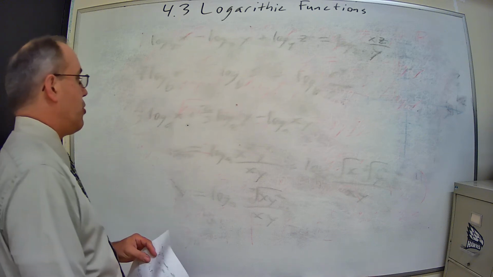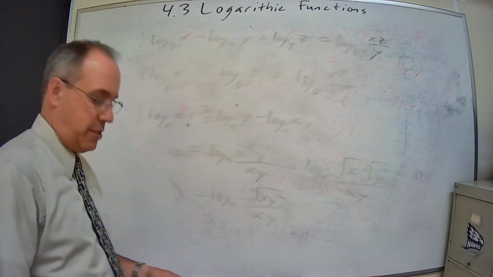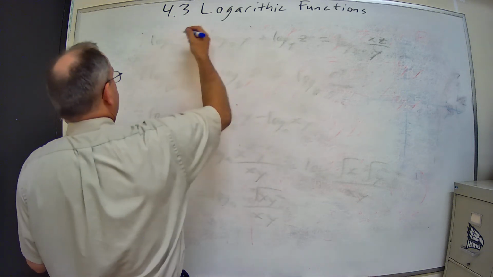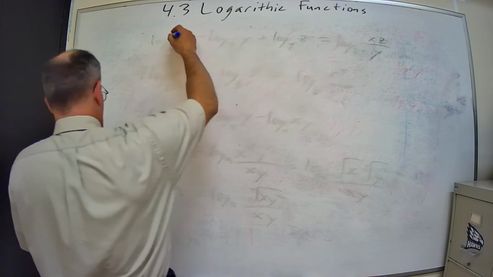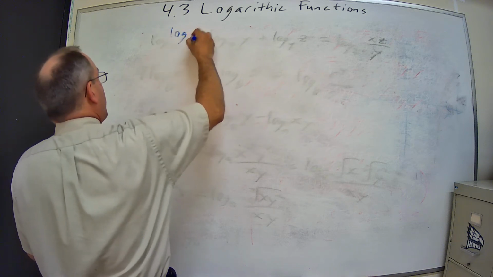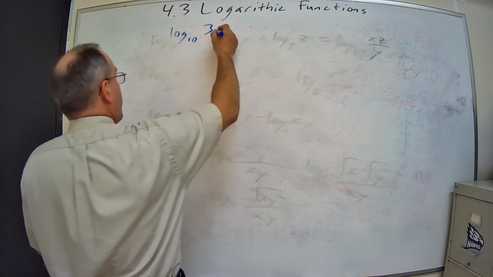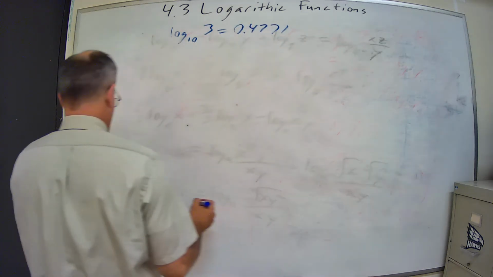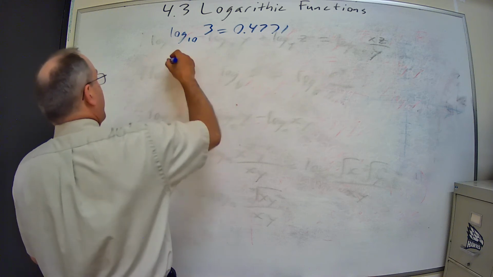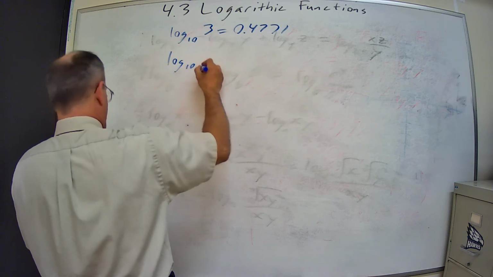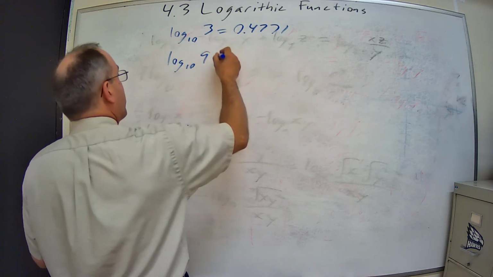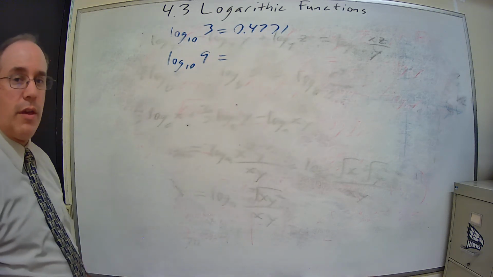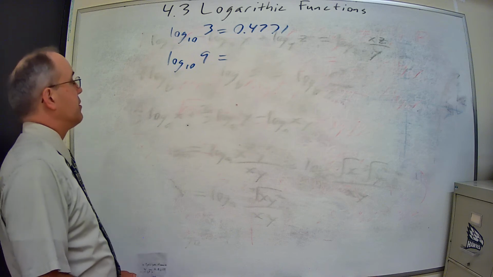Okay, so let's apply some of this and say that we have this information. Log base 10 of 3 is equal to 0.4771. And I want to find log base 10 of 9. Well, how are we going to do that?